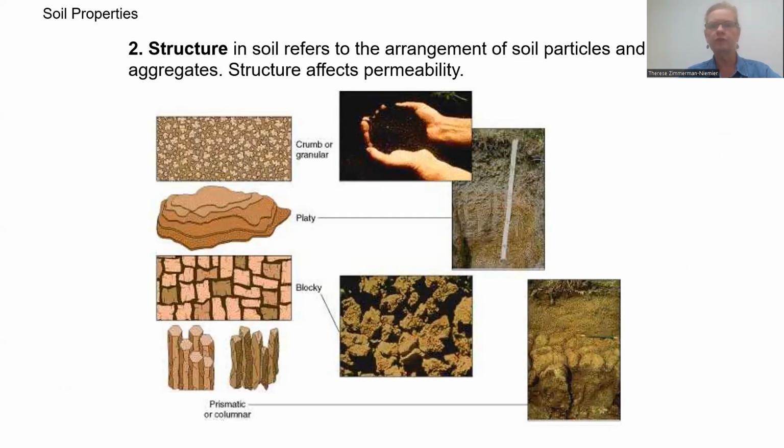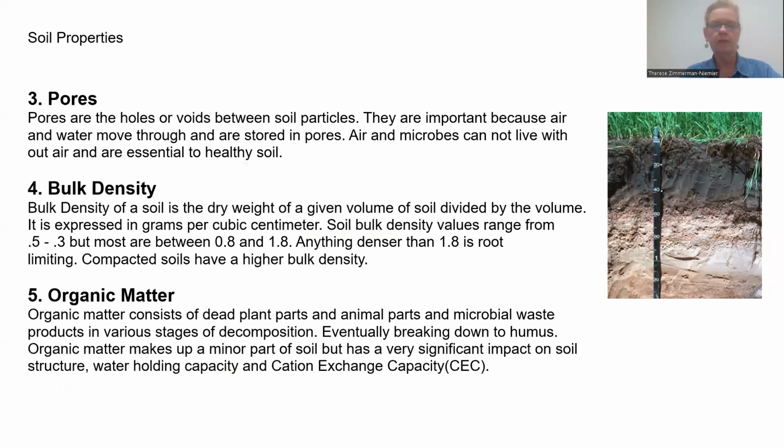Soil structure refers to the arrangement of those soil particles and what size pores they create. It affects how water runs through. Pores are the space between particles. Bulk density refers to the compaction of soil, and we know that heavily compacted soil does not allow water to run through it.